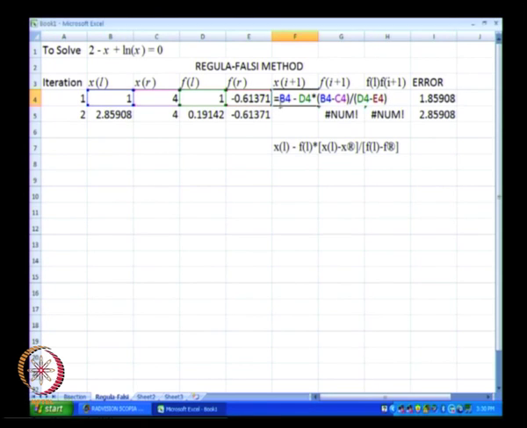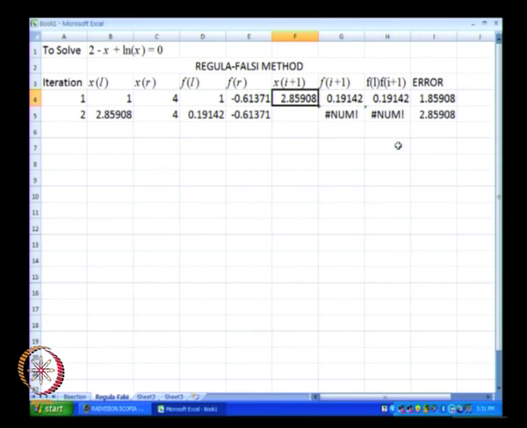So what we have is B4 representing x of L minus D4 representing f of L multiplied by B4 minus C4, which represents the difference x of L minus x of R, divided by D4 minus E4, which represents the difference f of L minus f of R. Okay, this is what we have over here.